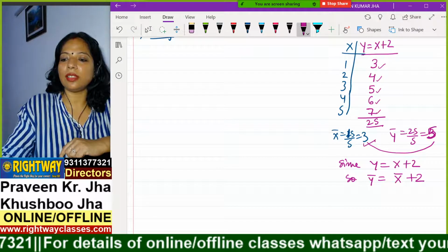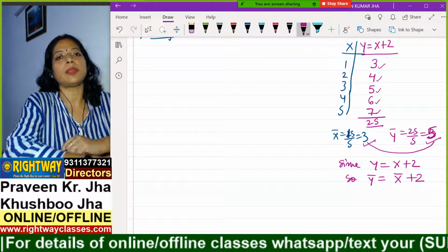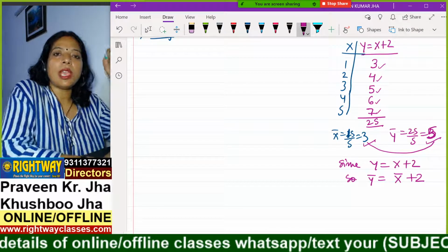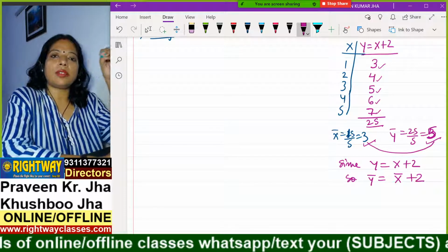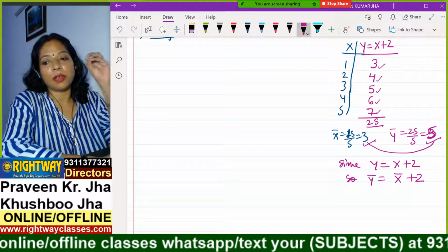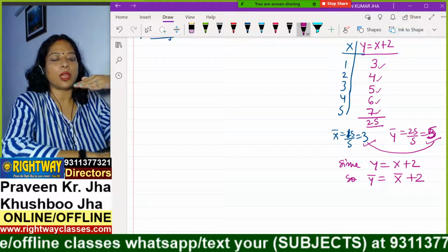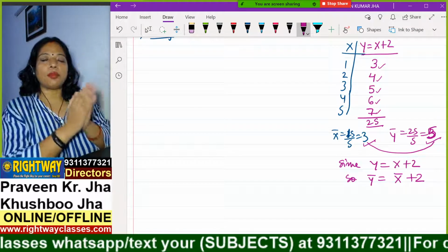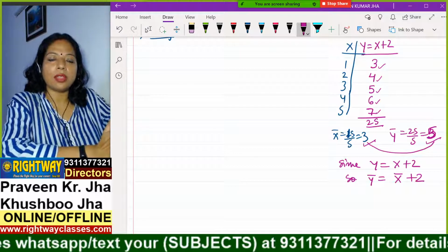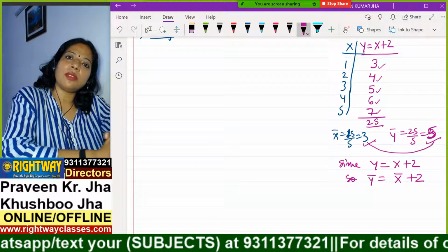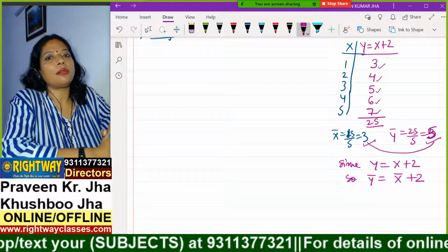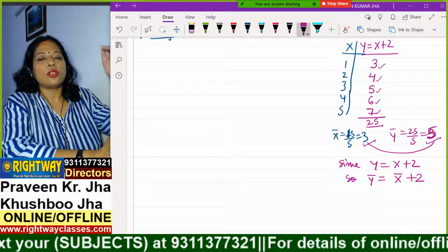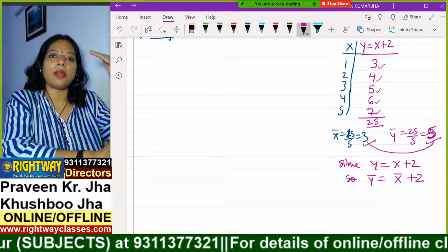You just see, 3 plus 2 is equal to 5. So have you got the concept? If we add or subtract any constant, the mean will be affected in the same way. That means suppose in a company we are providing an extra bonus of 5,000 to each and every employee, and their average salary was 50,000 earlier, so now in this month their average salary will be how much?